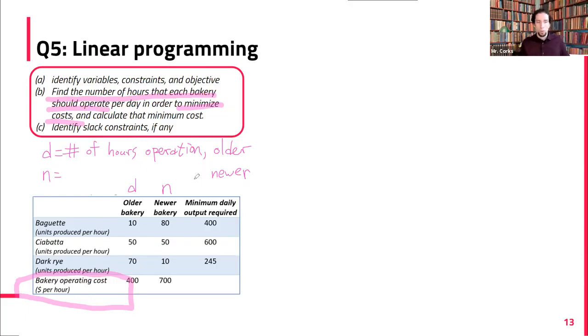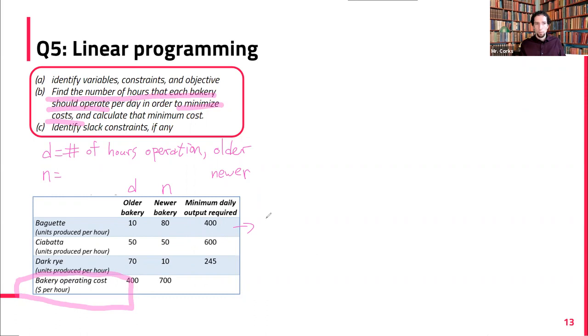So those are what the variables will be. The constraints then are how much of each of these types of bread that we have to make. 1, 2, 3. Let's build one constraint inequality just as an example. I won't do all of them, but let's take the baguettes. How can we use our two variables to express our baguette constraint with an inequality?